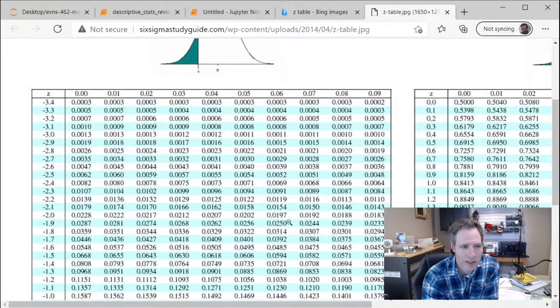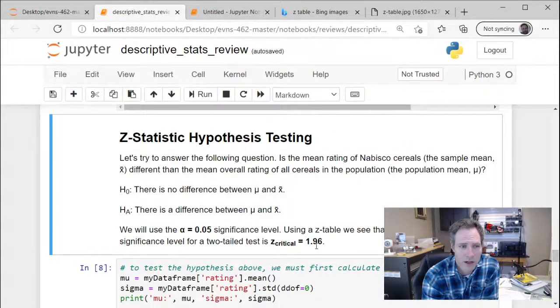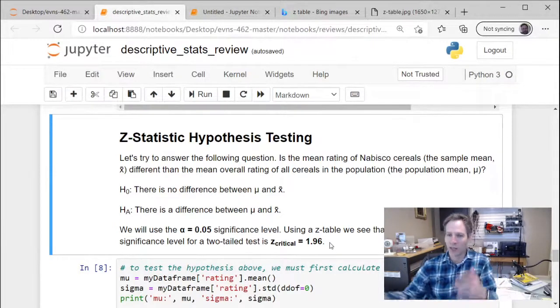Where is it? It's right here, 0.025, and the z-score that goes along with that is -1.9, and then we go up to find the next decimal point, 6. So the critical value is -1.96, or, because we don't care about direction, +1.96.